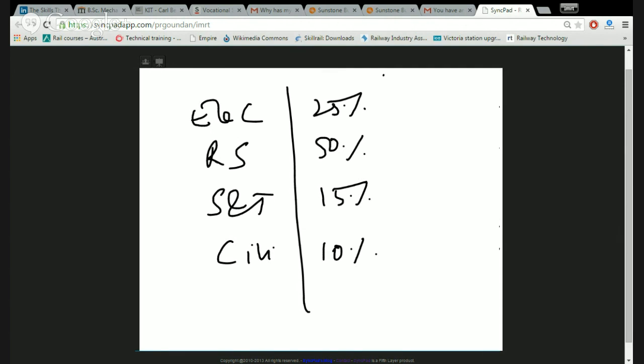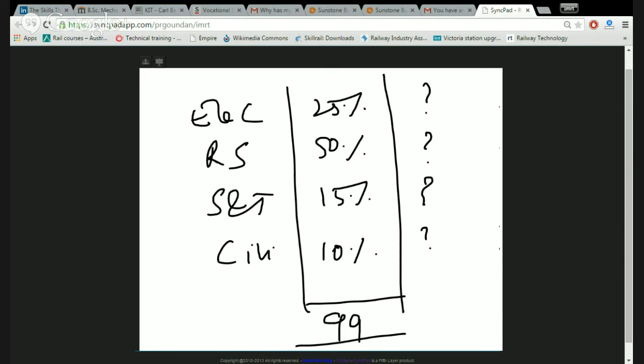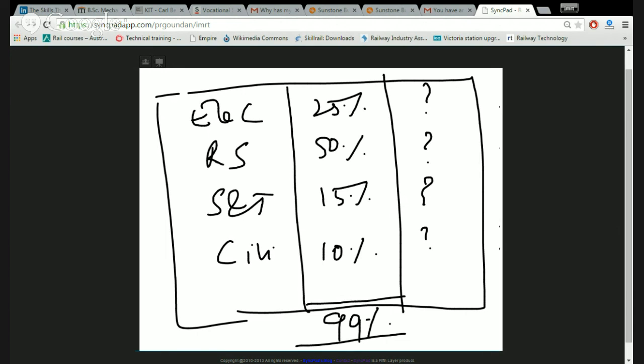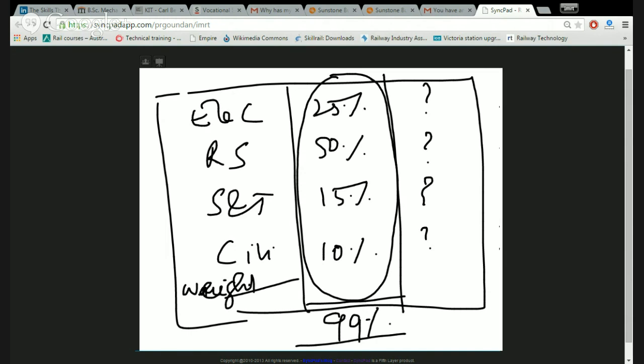The overall was 99% availability, and I asked what would be the contribution of each one. This is the weighting factor. Each one doesn't have an equal weight; they have different weights. How did they come to know this? From other systems. So it's a much simpler approach here, provided I'm looking at the availability of the total system.